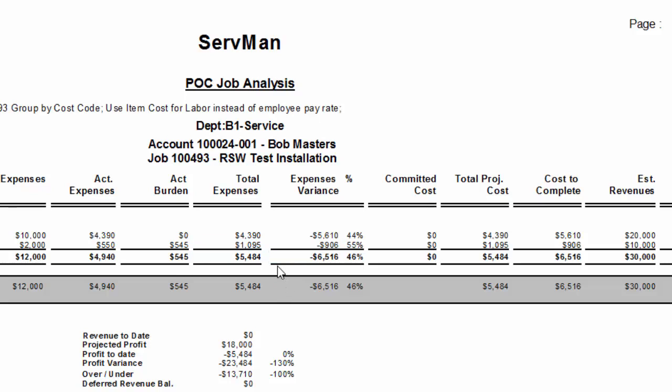Very common. And you notice in this case I did not have a burden on my materials. I only included burden on labor. I did that because I see that as a common thing. So now everything else rolls out, only now we're including a burden factor.